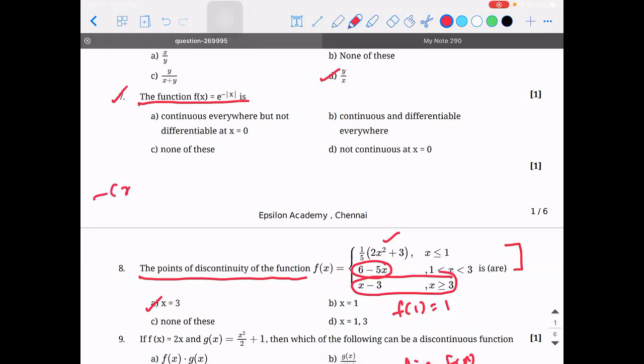So you can write it as e power minus x when x is greater than 0, 1 when x is equal to 0, e power x when x is less than 0. Tell me if anyone didn't understand this.